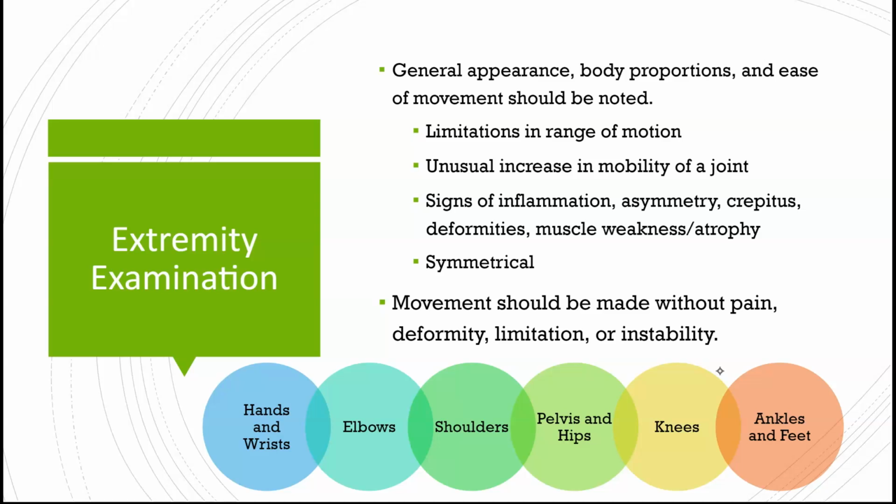That should be some sort of clue, because not only does it give you a clue as to maybe some sort of pathological issue going on with the patient, there also might be environmental clues. If this patient has a job that requires them to use one arm significantly more than the other, what other environmental clues can you get from that? Should you be asking the patient, I see you have one really strong arm here, what do you do for a living?